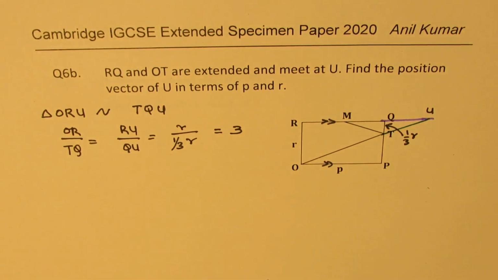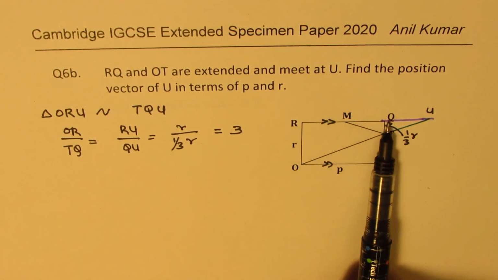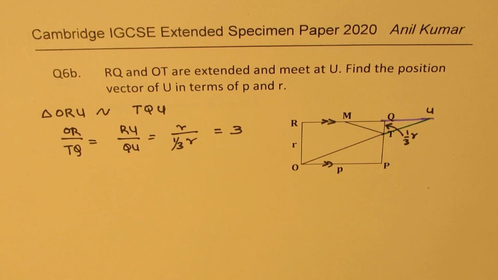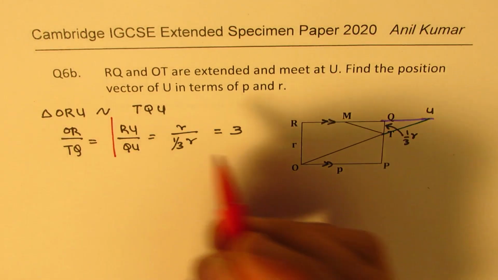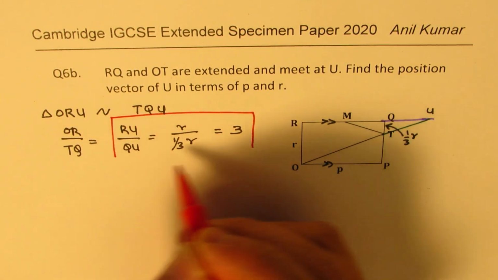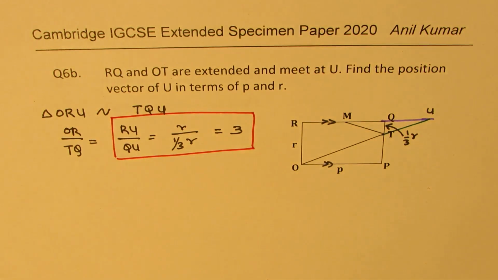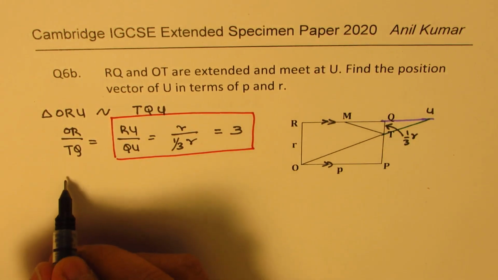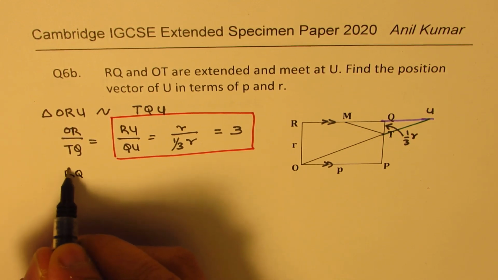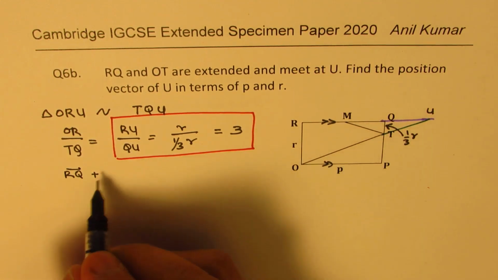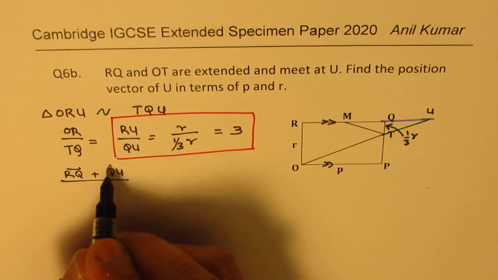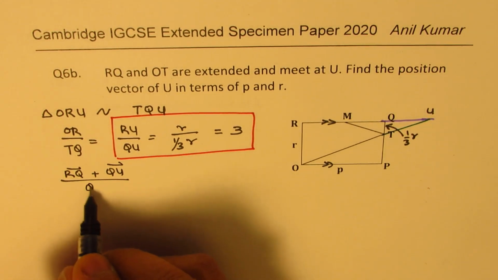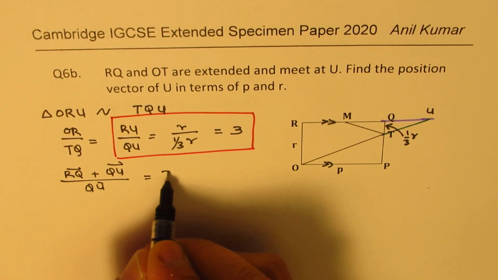So that is 3. Now from this we can find OU, right? So we'll use this part of the equation to find U. So RU could be written as RQ plus QU, and we are dividing by QU, and that is equal to 3.